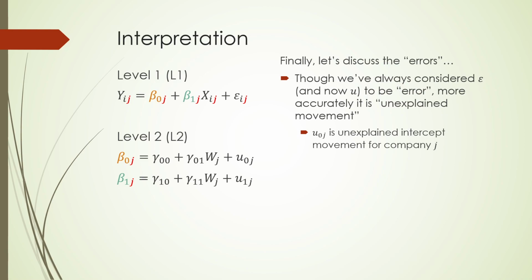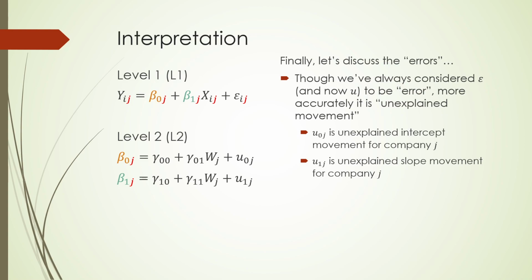The u sub 0j says, yeah, not every company, even within the public or private sectors, may have the exact same base pay. So we still have to let companies have their own base pay. And that's not really explained by the independent variable in our level 2 model. So u is the unexplained movement in base pay for each of the companies. That is, as companies differ from the other public or private companies, u lets that happen and lets us include that information in the level 1 model.